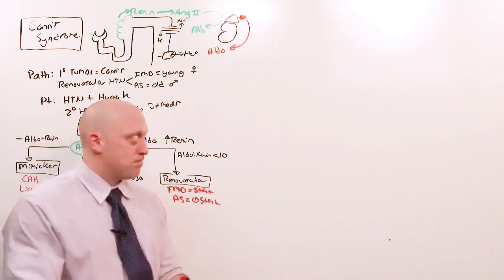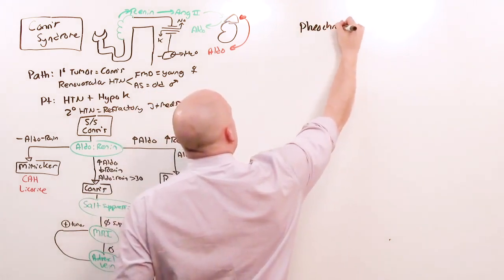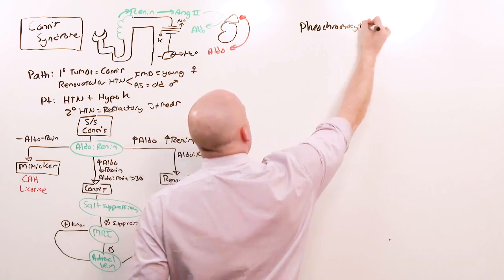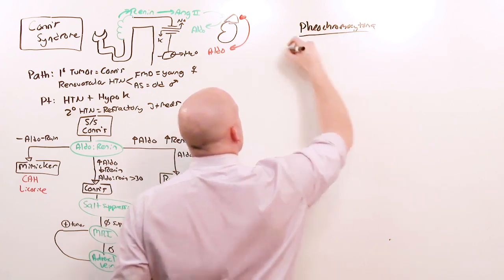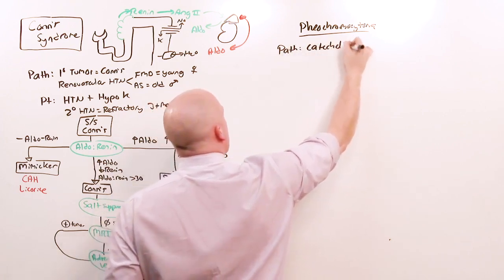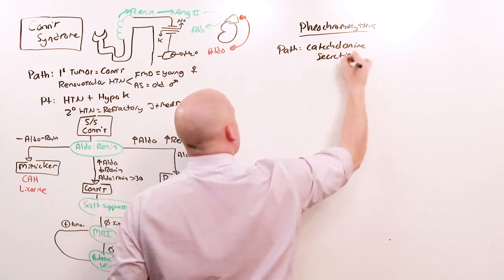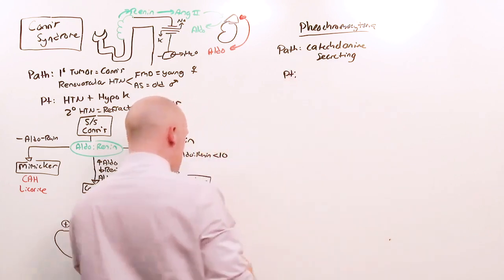Let's talk about pheo. Pheochromocytoma. The pathology is a catecholamine secreting tumor. This would be of the medulla. And the patient is going to present with the P's.